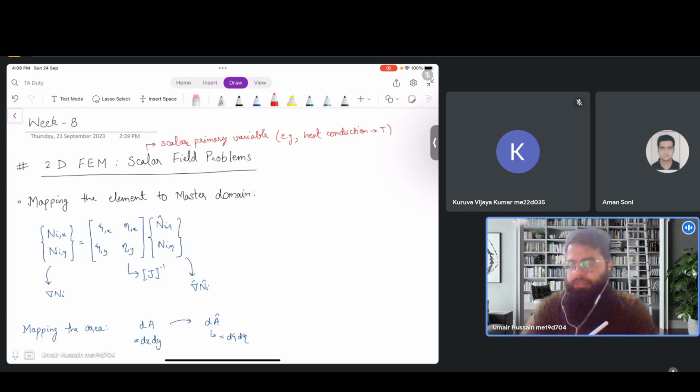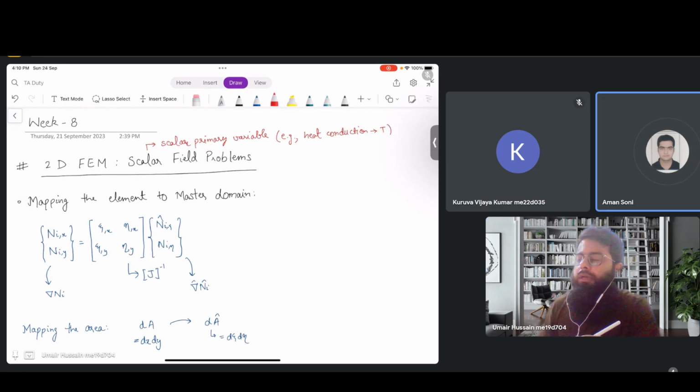Stress and strain are tensor quantities, and we can represent tensor quantities as a vector. There's something called Voigt notation. But when we're solving the problem for stress and strain in the conventional FEM problem, those are not our primary variables.